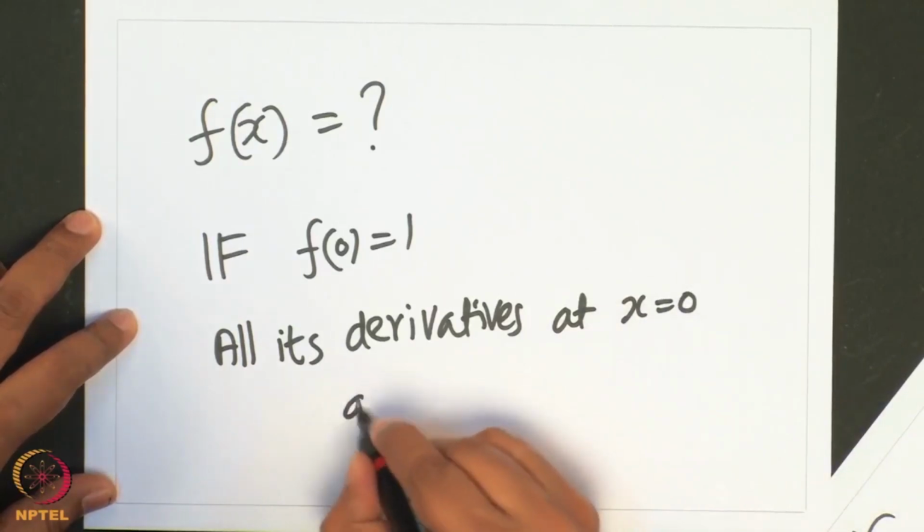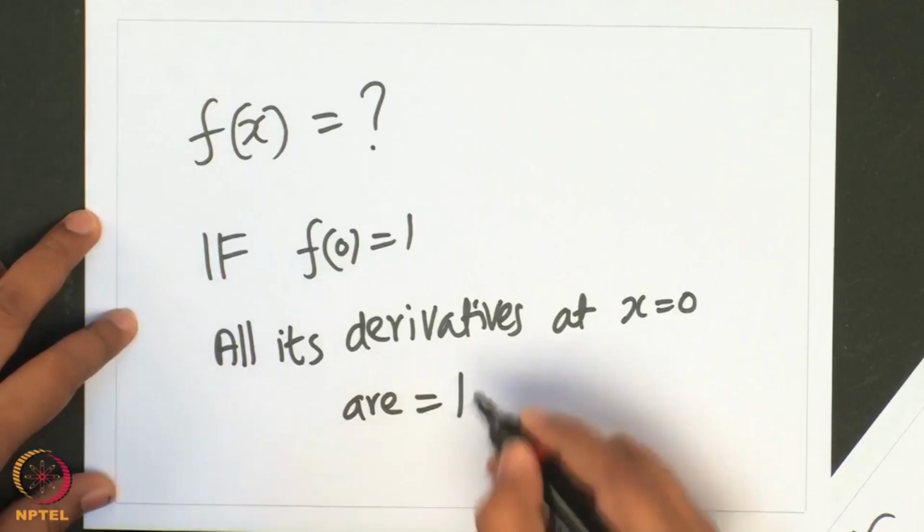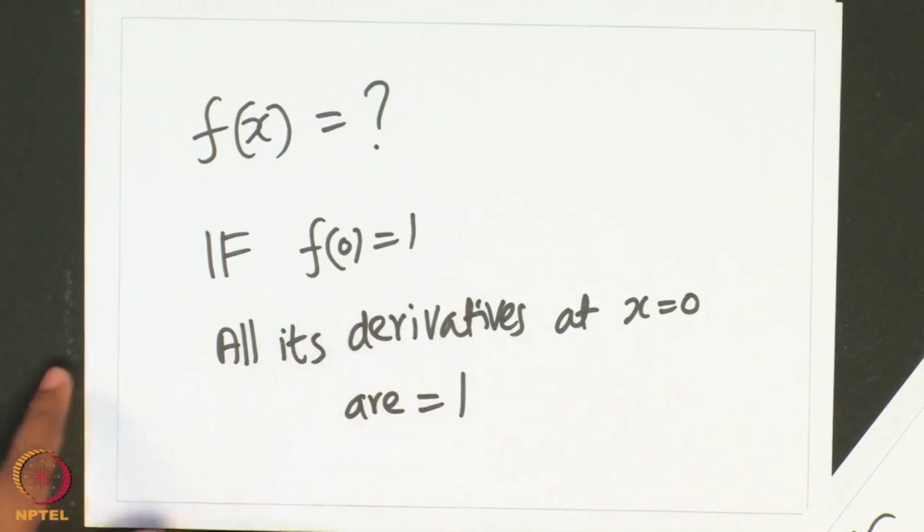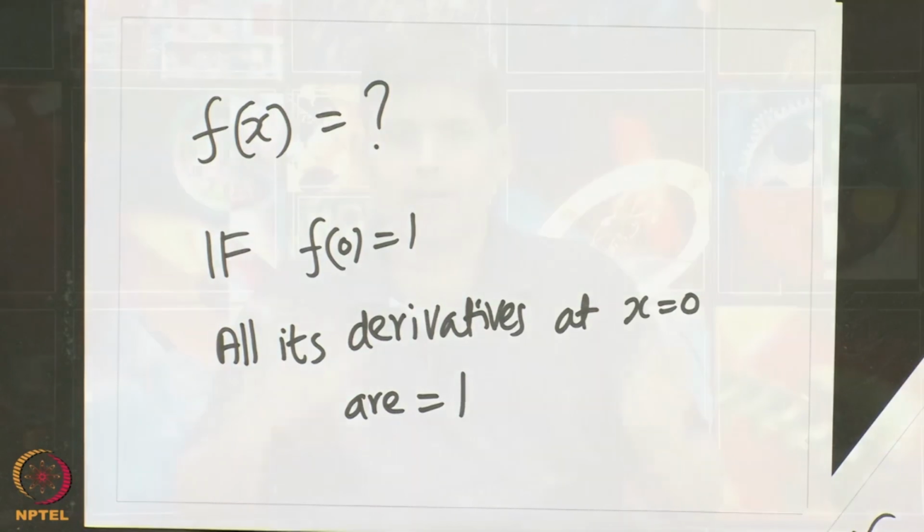All its derivatives are equal to 1. So this is something which we can start imagining. You know the function, so for simplicity, let us take the function is 1 and all its derivatives are also 1.